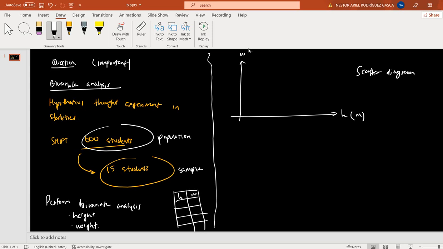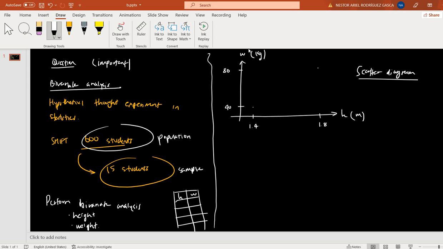Let's measure weight in kilograms. And let's suppose that we come up with something like this, guys. Imagine that these 15 students, when I plot them on a scatter diagram, the information looks like this, more or less.